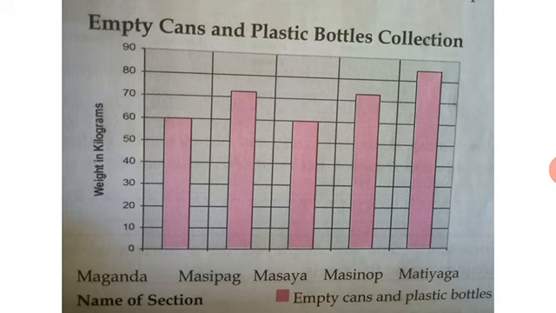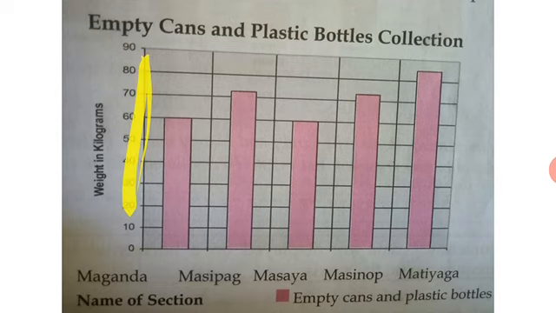It depends on the frequency of each group or each variable. Since here the lowest is 60 and the highest is 85, we can use by 10.